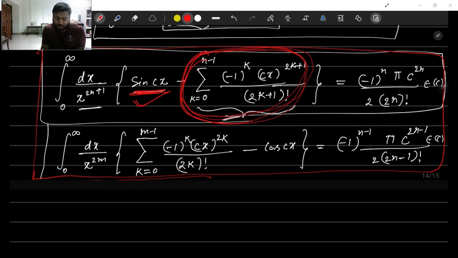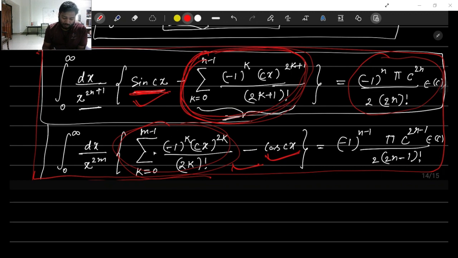So if n tends to infinity, this right hand side part also tends to 0. Similarly, you can see in the cosine series also, as m tends to infinity, this sum becomes equal to the cos function and this integrand becomes 0. Similarly, you see in the right hand side. So these are the two general forms of the Dirichlet integral which you obtain from the basic sinc function integration.